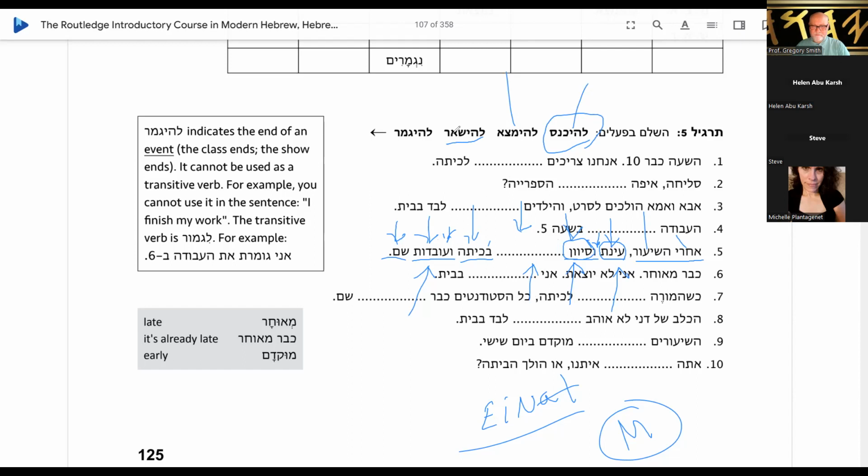Lehisha'er means stay. Okay, so basically we figured out the form we need now, because we've got to get stay to go into that blank, right? But it has to reflect Einat and it has to reflect Sivan. So there's two together. So which one are we going to use?